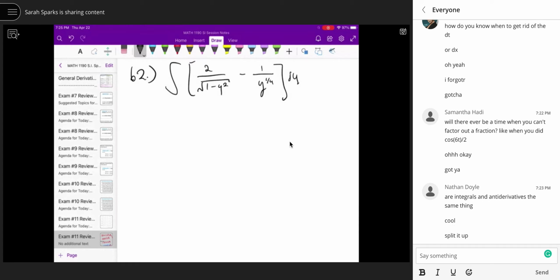Yep, we split it up first, right? So we're going to have our first integral, and we're going to have that 2 over that root 1 minus y squared dy minus the integral of 1 over, let's just go ahead and rewrite that as y to the negative 1/4. Y to the negative 1/4 dy.